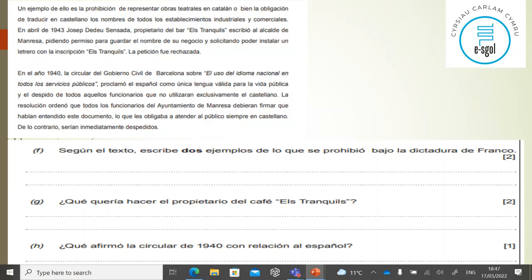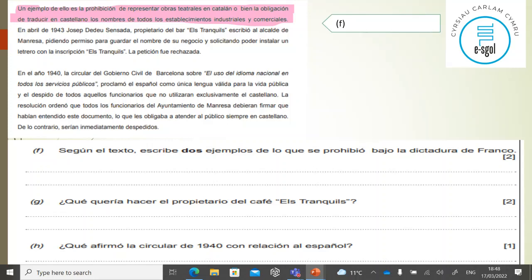So here we got question F. Un ejemplo de ello es la prohibición de representar obras teatrales en catalán o bien la obligación de traducir en castellano los nombres de todos los establecimientos industriales y comerciales.